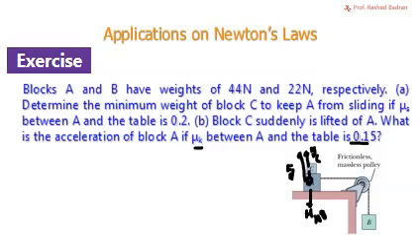For part B, for block B, you have MBG, that's the weight of the block, and then you have a tension, and obviously here you have a tension as well, and you have a static force of friction, Fs maximum.